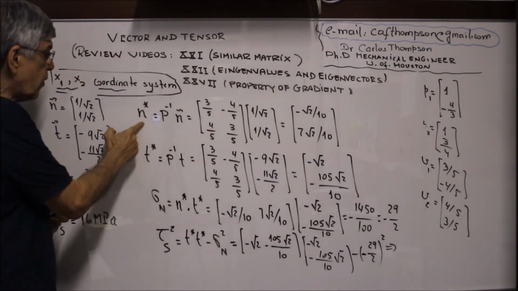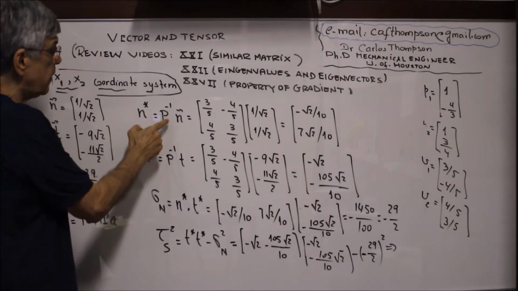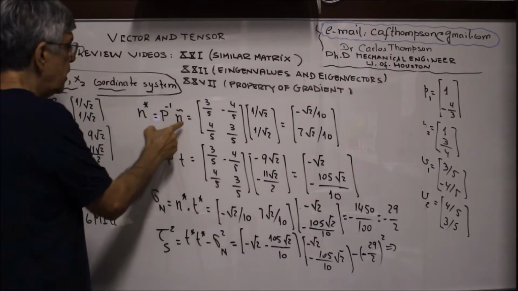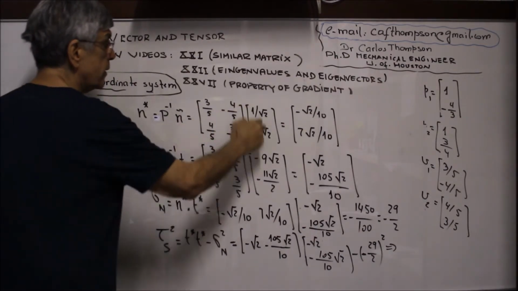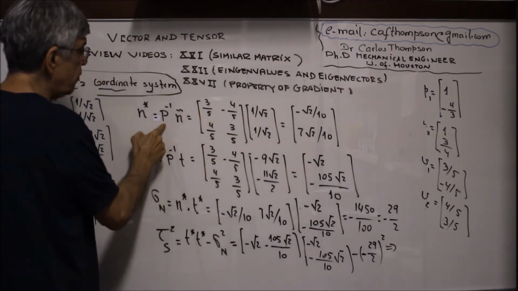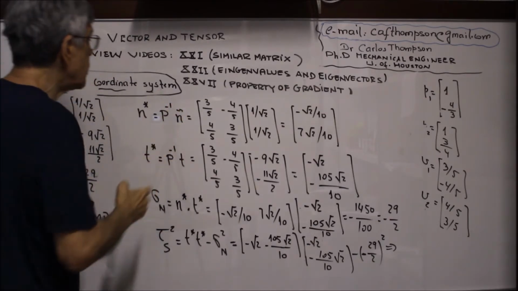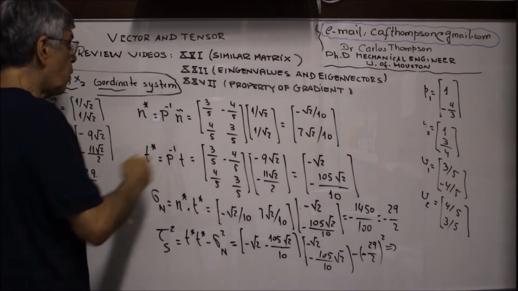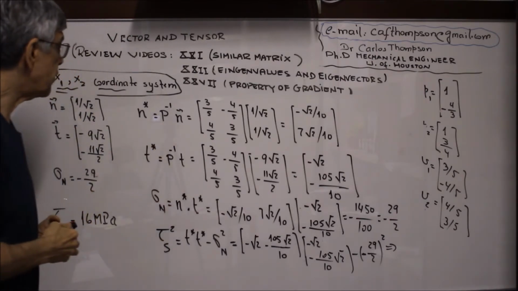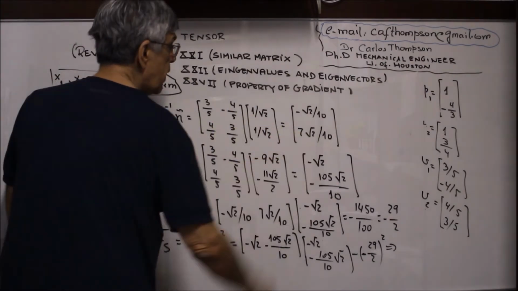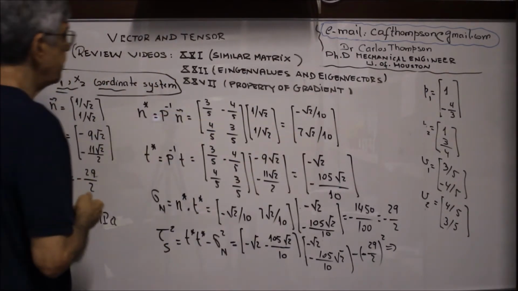So the components of the normal vector will be the inverse of matrix P applied to n. You see, this is n. The inverse transforms the components in the x1, x2 into the components of the principal directions. So just plug this number over here and multiply. So this is the component.